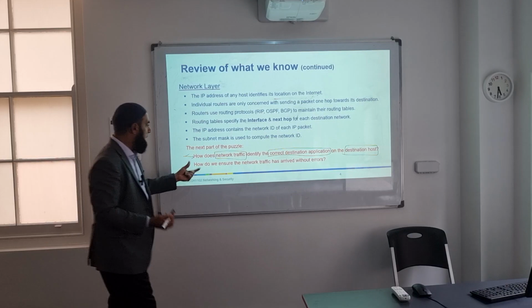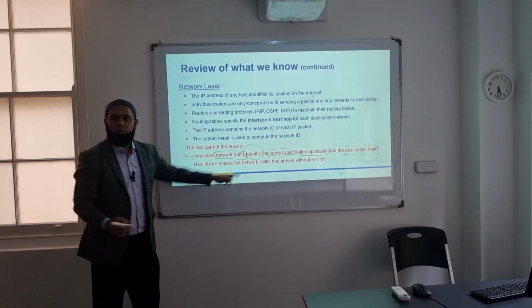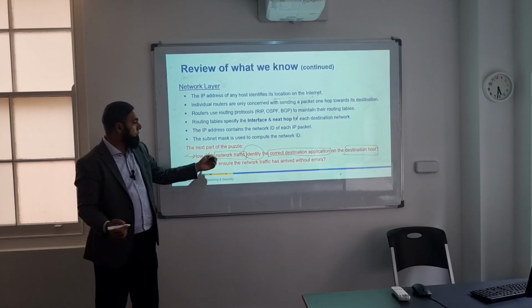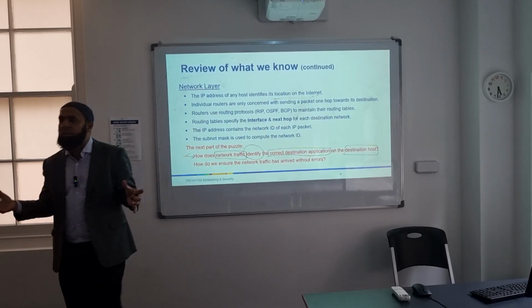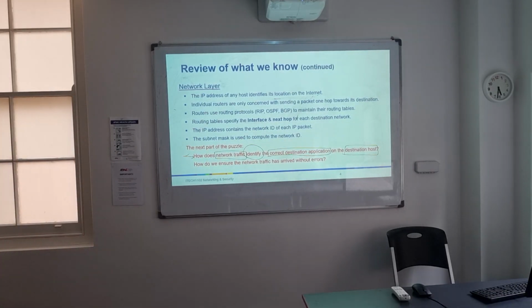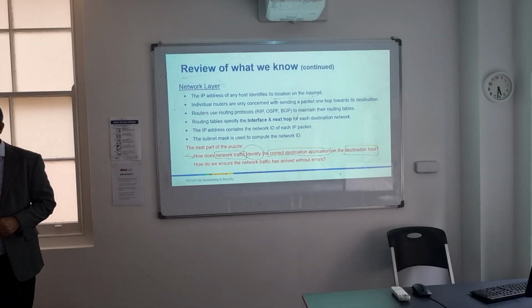So what is the verb here? Identify. Whatever network traffic is flowing over the wires, when it reaches your computer, how does it know which computer and which app this packet is for?